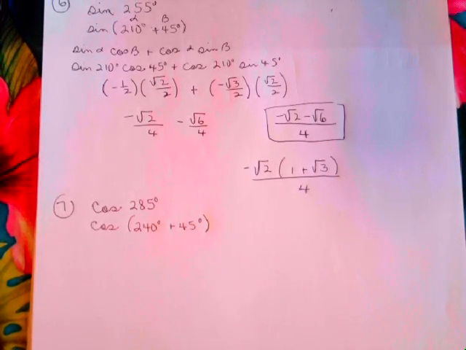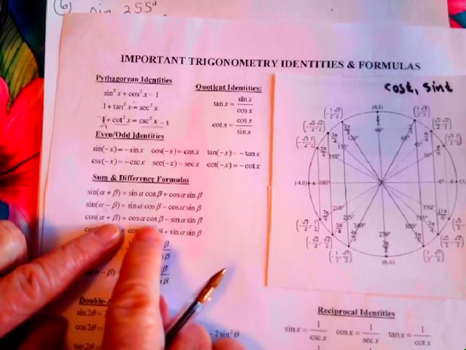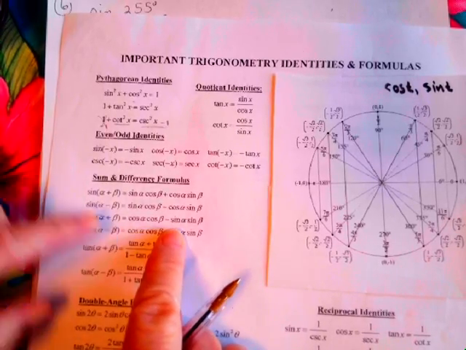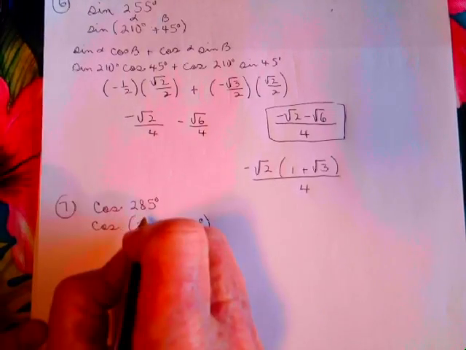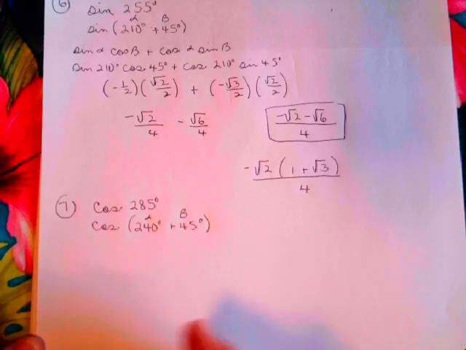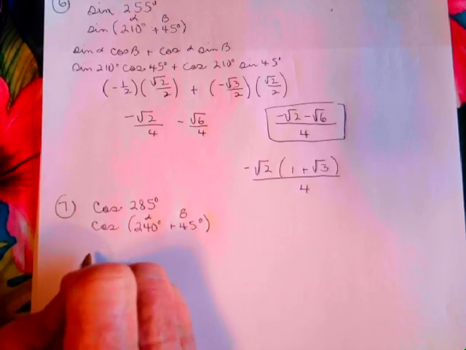Then write down my formula for cosine of alpha plus beta. Cosine of alpha plus beta is cosine alpha, cosine of beta, minus sine alpha, sine of beta. Write that down. This is alpha, this is beta. Substitute those values for alpha and beta into this formula as you write it down.